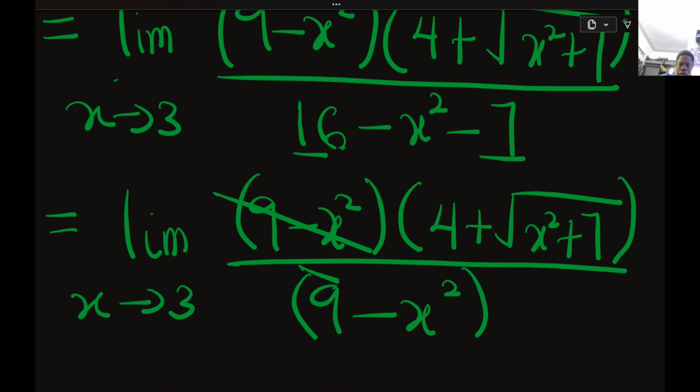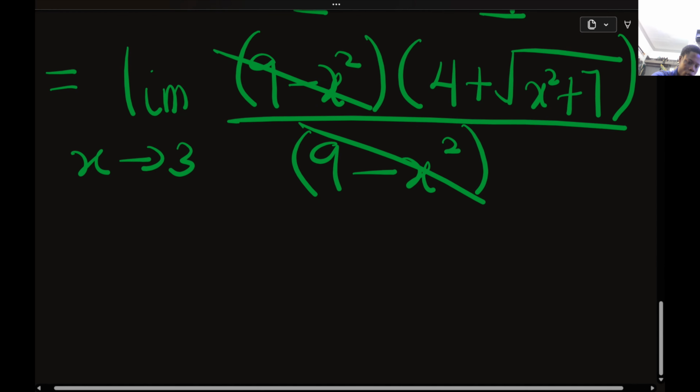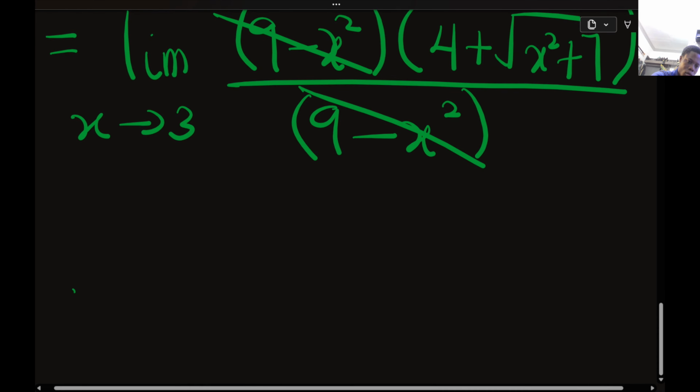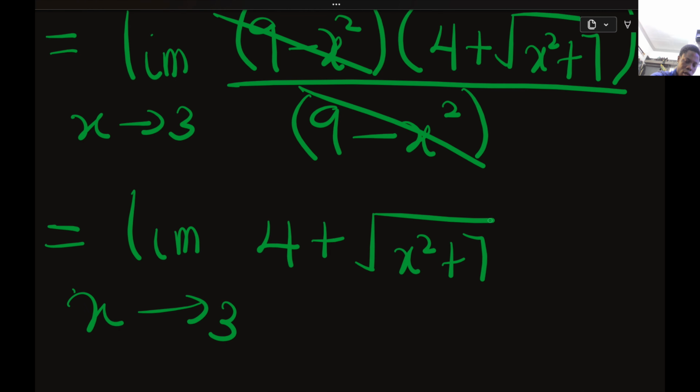We cancel it and are left with the limit of 4 plus the square root of x squared plus 7 as x approaches 3.